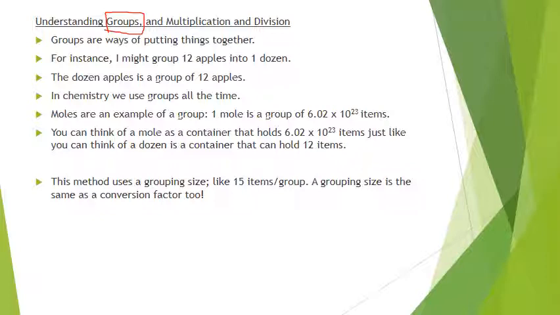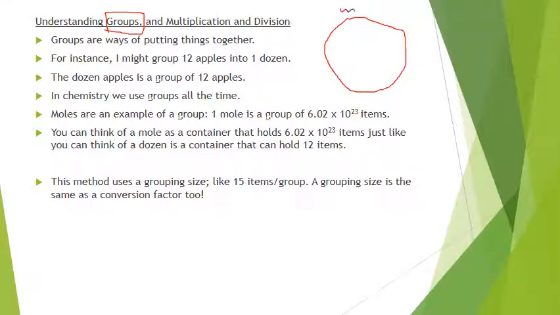In chemistry, we use groups all the time. Moles are an example of a group. One mole is a group of 6.02 times 10 to the 23rd items, and these items are usually atoms or molecules. You could think of a mole as a container that holds 6.02 times 10 to the 23rd, and I showed that in the intro to mole.